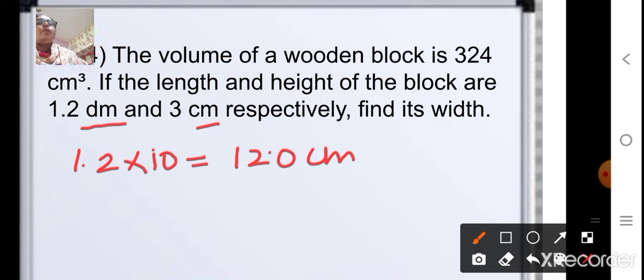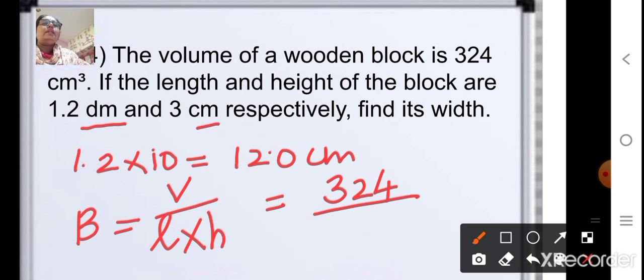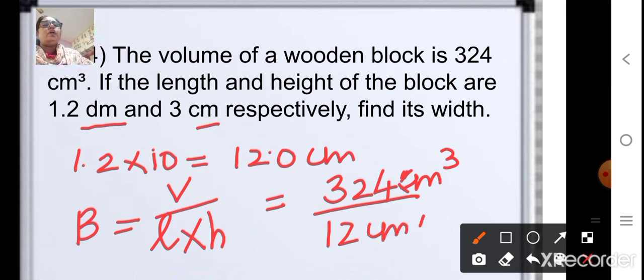Now let us come to the formula to find the breadth. If you have to find the breadth, that will be volume upon length into height. So your volume is 324 cubic centimeter upon length is 12 centimeter into 3 centimeter.